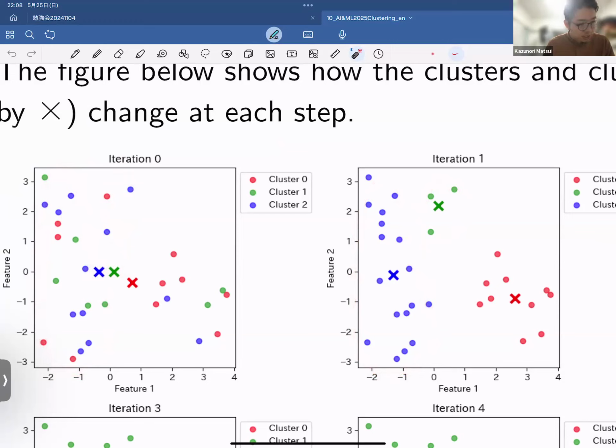Since the assignment has changed again, we find the mean again for each of red, green, and blue. Then each center becomes the mean.